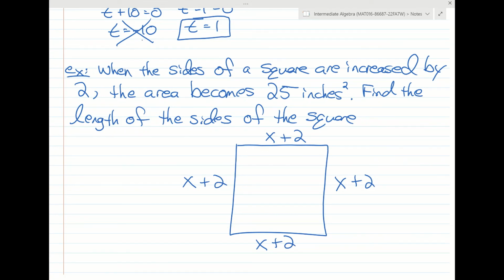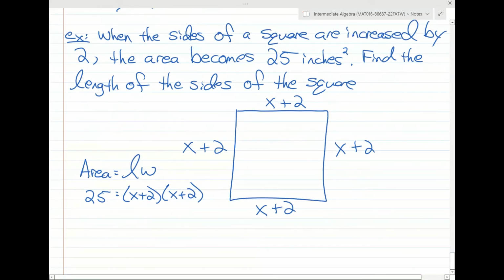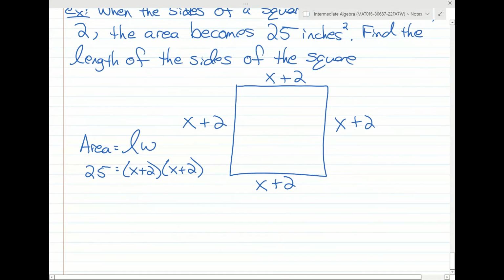So the way we figure out the area is it's always length times width. For a square, it's obviously the same thing, right? So 25 would be the area, and that's x plus 2 times itself. That's how you set it up. The hardest part with these is just setting it up. And then from here, we make it equal to 0, factor, and solve.